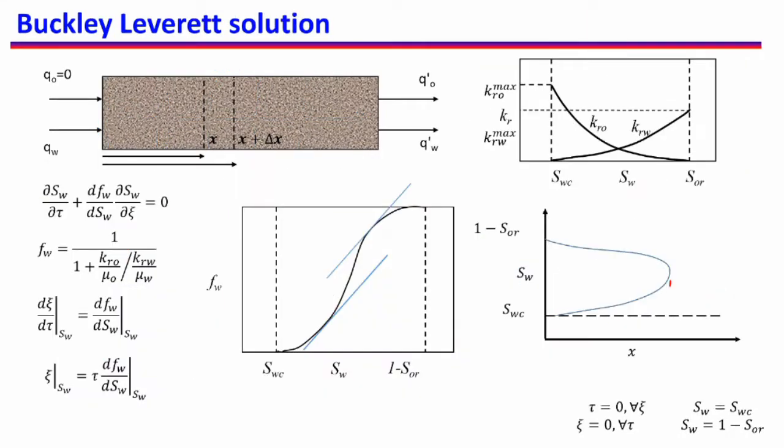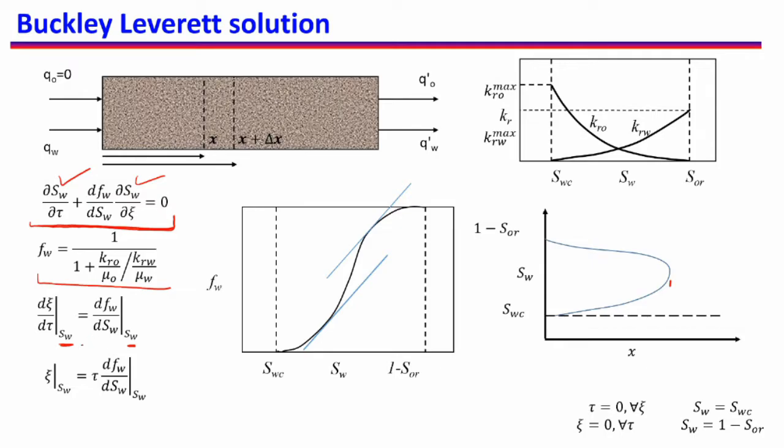In the last slide we had derived this equation, and we know this is the equation which relates Sw with tau and xi, and we have the fw curve which is dependent on saturation. To solve these kinds of equations, we generally use the method of characteristics. For that, we follow a particular saturation and find the speed of that particular saturation.